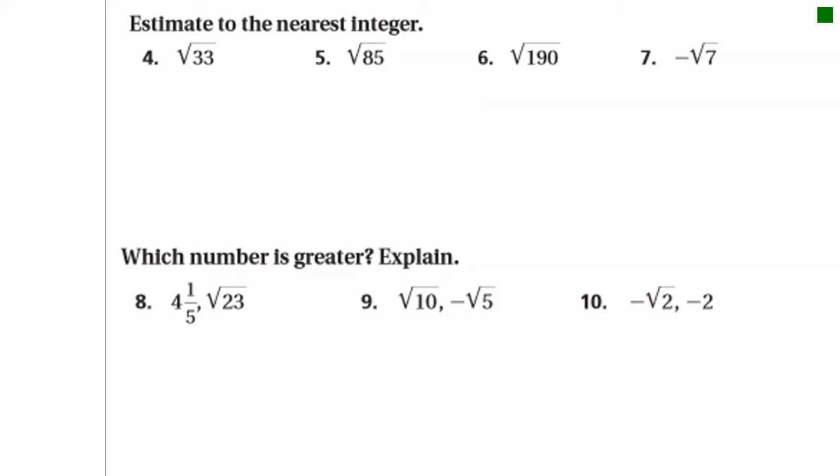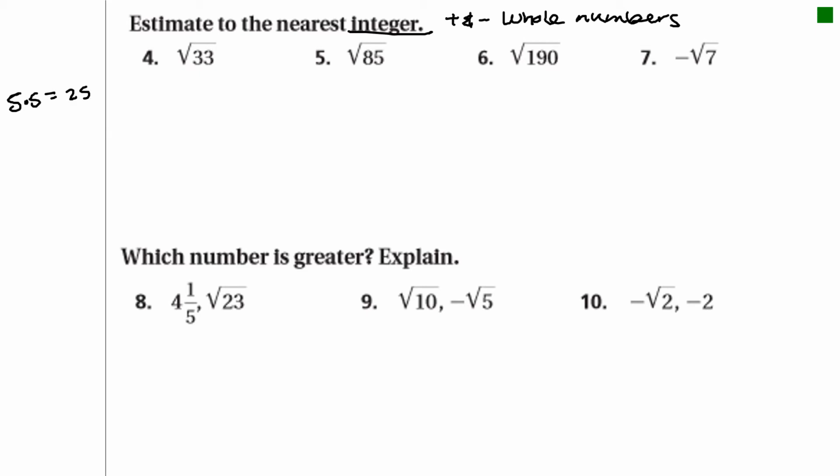All right, estimate is what we're going to look at next. We're going to estimate the square root of 33 to the nearest integer. Remember, integers are positive and negative whole numbers. Okay, so let's look at 33. Let's start with what we do know. We know that 5 times 5 is 25.